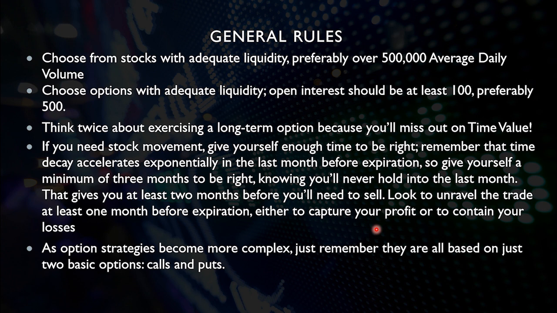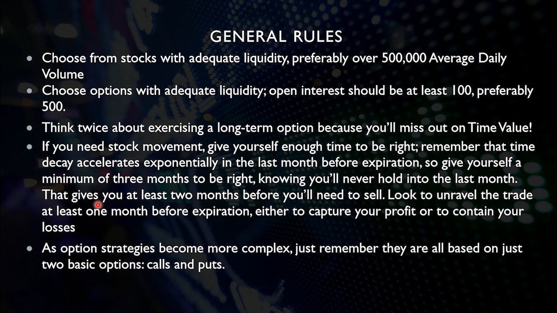So if you need the stock to move either up or down, you need to give yourself a minimum of 3 months to be right. And we showed you throughout numerous strategies that if you need stock movement to go either up or down, do it over a minimum of 3-month time period. Also, you know you will not be holding the contract in the last month.